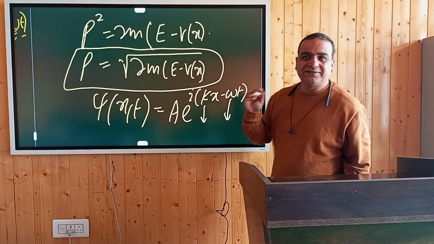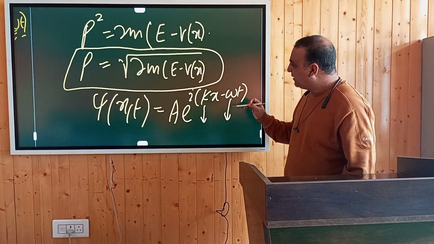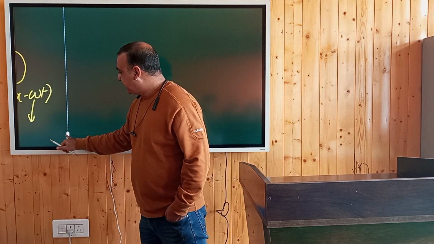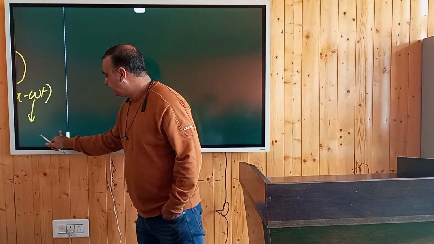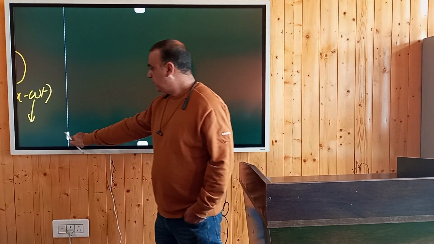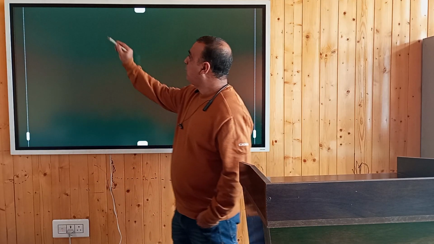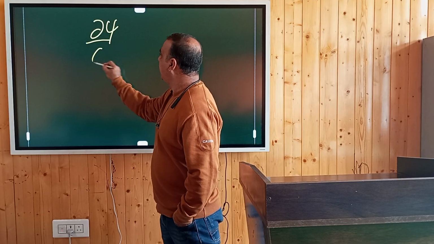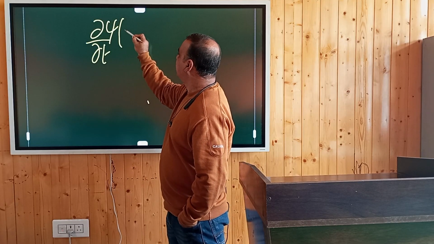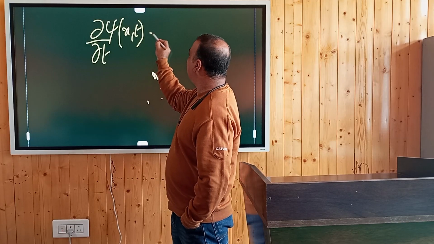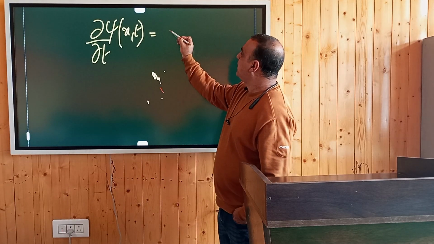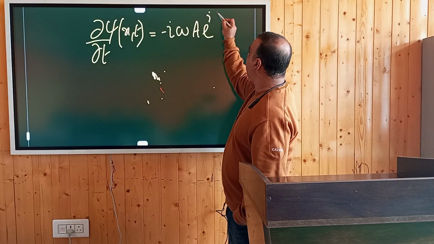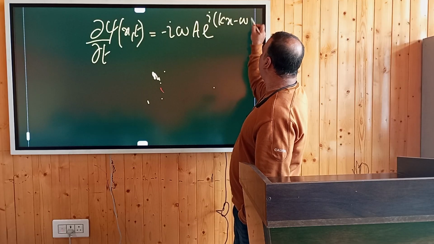Now, first I would like to differentiate this equation with respect to time. If I do that, what will I get? I'll get dou psi by dou t. The psi is a function of x and t, we know that, and this must be equal to minus i omega A e to the power of i(kx minus omega t).